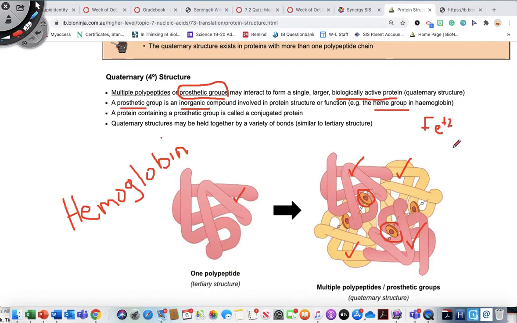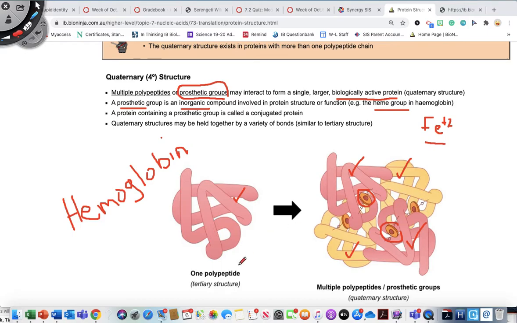So it could be +2, +3, who knows? So the heme group here is the inorganic compound or the prosthetic group attached to this tertiary structure, right? And for example, in hemoglobin, the prosthetic group is iron, okay?